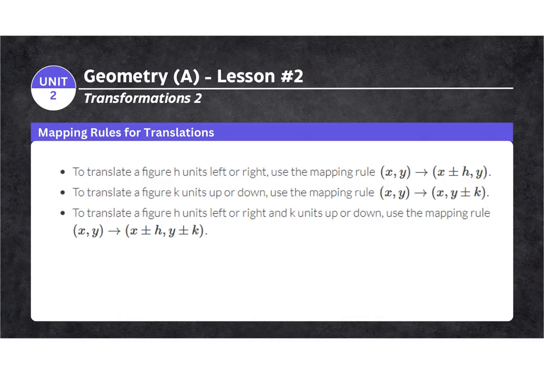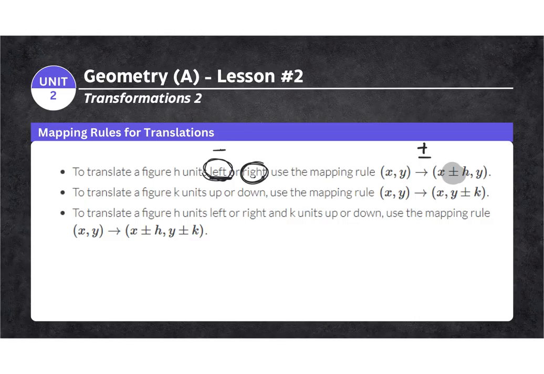I know these mapping rules kind of look complicated, so I'm going to try to simplify them for you. If you take a look here, this little sign means the plus or minus symbol. So what it's saying is if you're moving to the left, you would have a minus symbol.